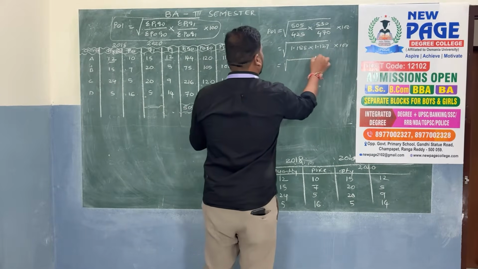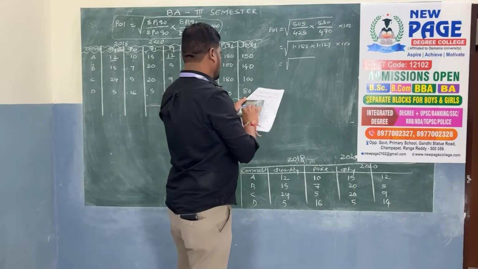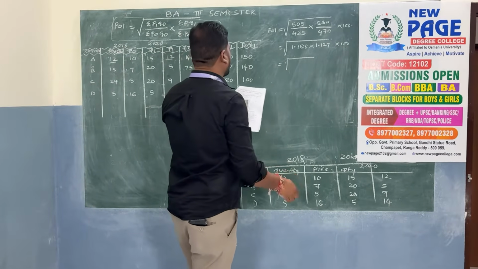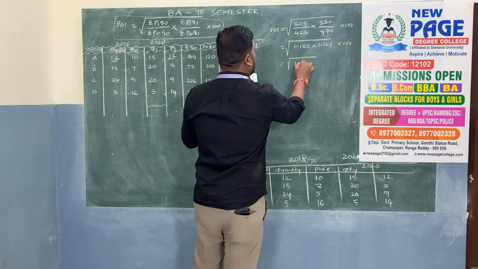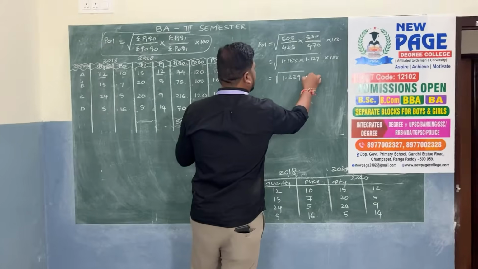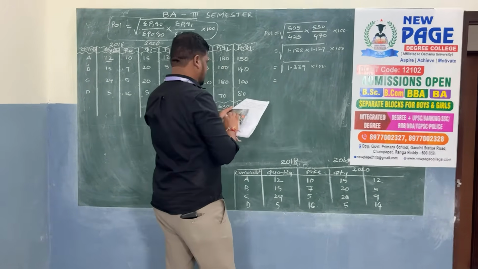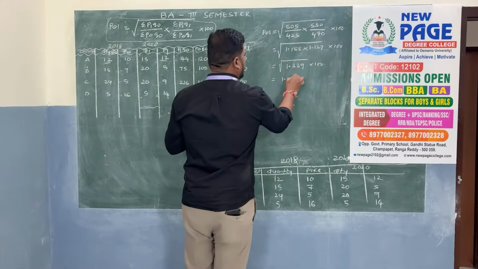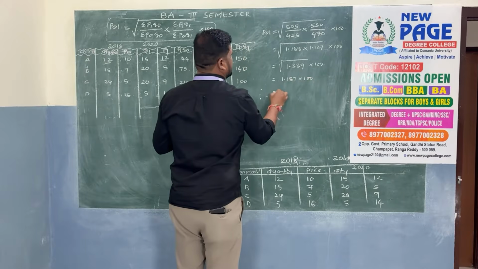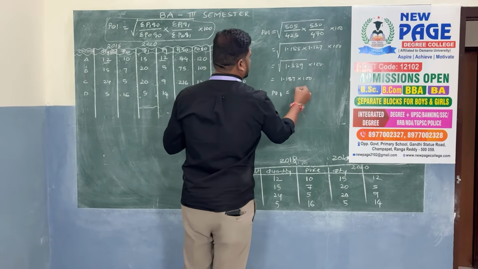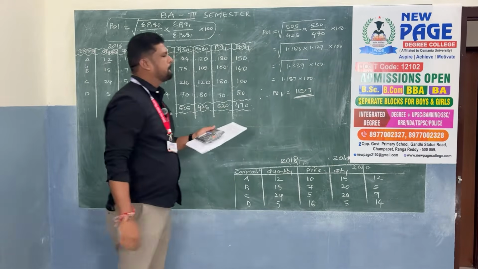That is 1.188 into 1.127, which is 1.339. Root of 1.339 is equal to 1.157, into 100. Therefore, here P01 is equal to 115.7.